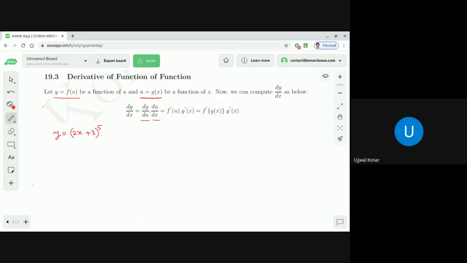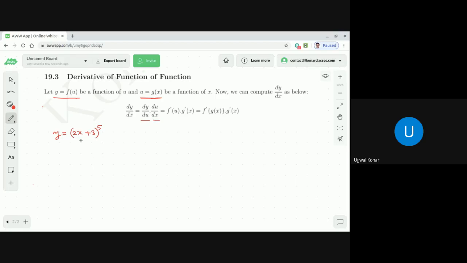If I ask you to find the differentiation of (2x plus 3) power 5, you cannot find a formula that will help you differentiate it with respect to x. And what to do? There is a way out.